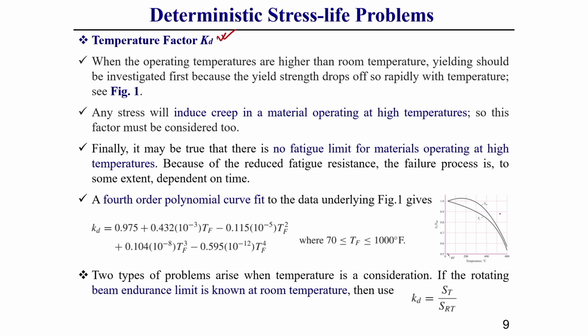Generally, your yield stress and ultimate strength both decrease with increasing temperature. Here I am showing standard data for steel material. This top curve represents ultimate stress and this horizontal axis represents temperature in degrees centigrade.